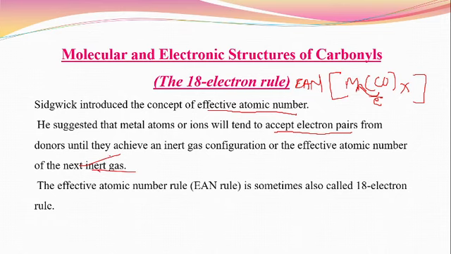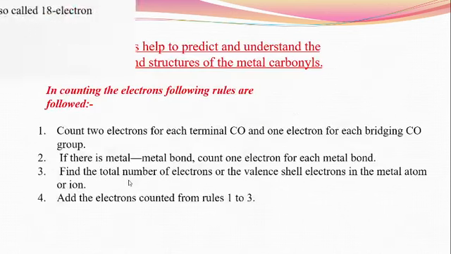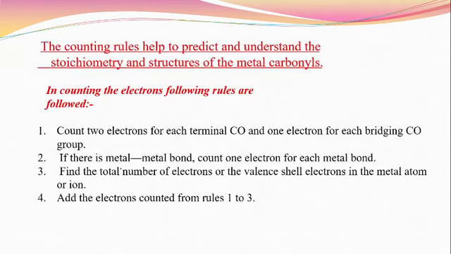This concept we will understand by taking examples. This effective atomic number is sometimes called the 18 electron rule. Let me see the rules of this 18 electron rule. Here the metal is bonded to the ligand, so let me see the number of electrons counted by this ligand.